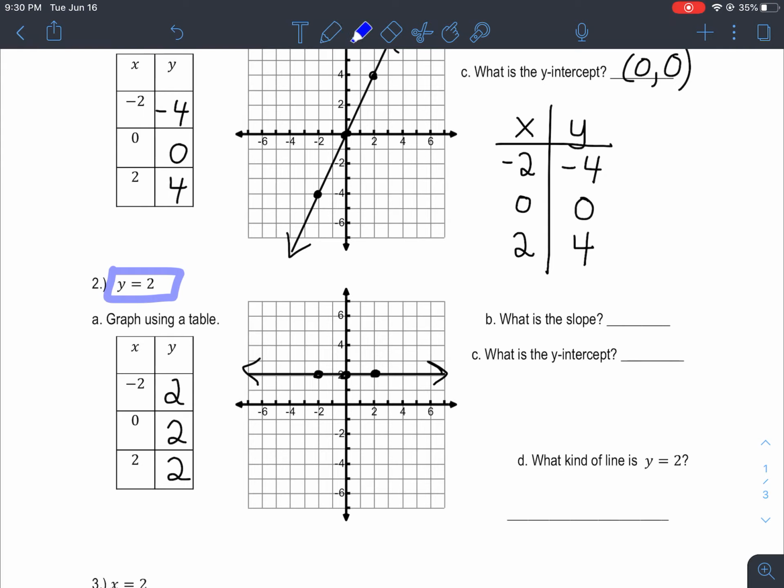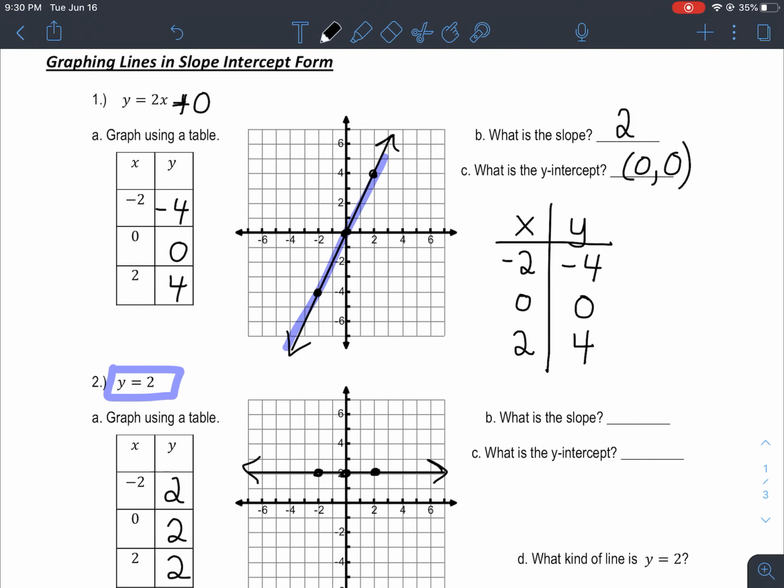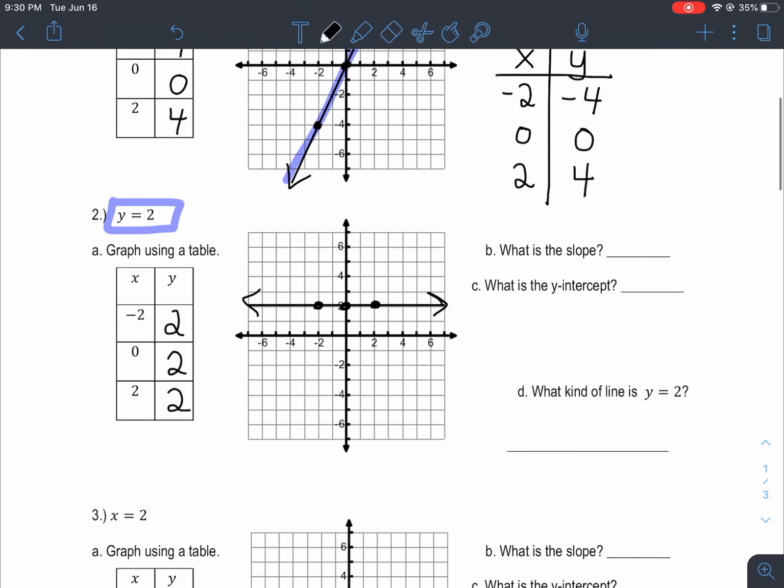So if this was a ramp in number 1, I'm rising up 2 over 1, up 2 over 1. So my slope is 2. Here, I'm not going up at all. I'm just going straight. Think about if you're walking along the floor. You're not inclining at all. So your slope is nothing. It's just 0. You're just walking in a straight line. What's the y-intercept? The y-intercept here is 2. It's crossing the y-axis at 2, which makes sense because y is always 2.